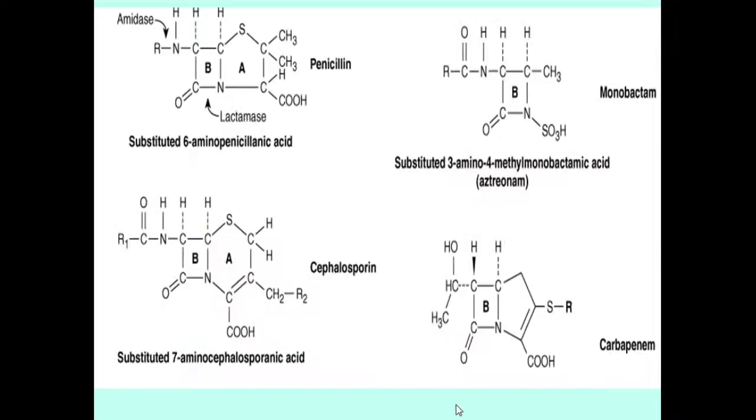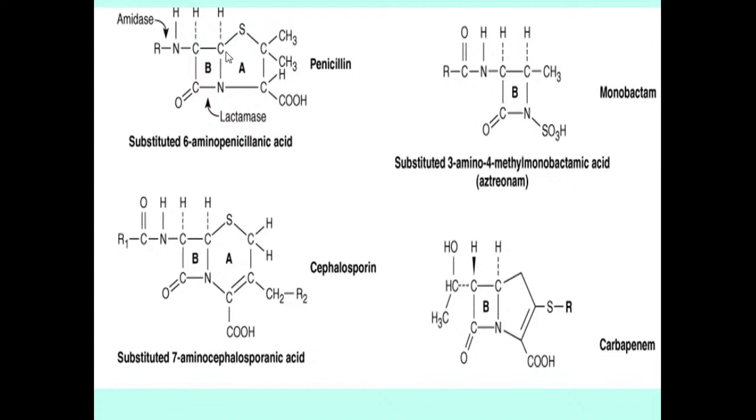These are chemical structures of some antibiotics. We see here beta-lactam antibiotics. This is the beta-lactam ring, in penicillins, in cephalosporins, and in monobactams, where there is only one ring, the beta-lactam ring.